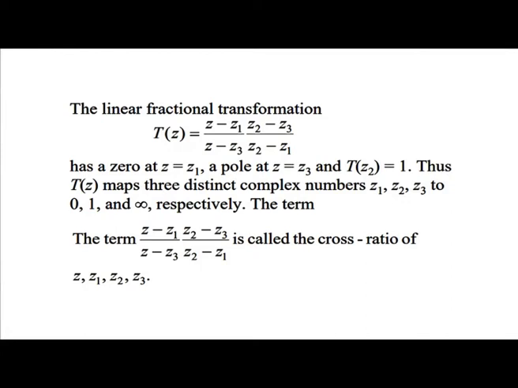The term (z - z1)/(z - z3) times (z2 - z3)/(z2 - z1) is called the cross ratio of the points z, z1, z2 and z3. So, you can see that this transformation T(z) maps the three distinct complex numbers z1, z2, z3 to the points 0, 1 and infinity respectively.